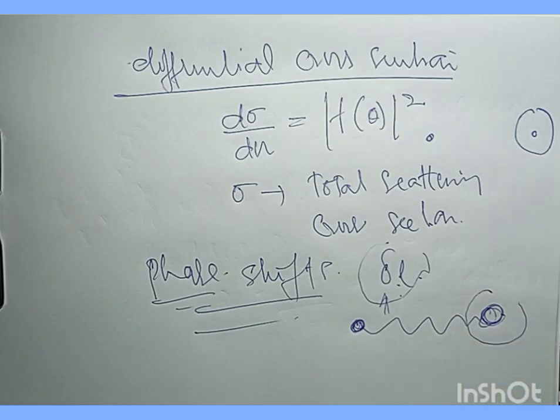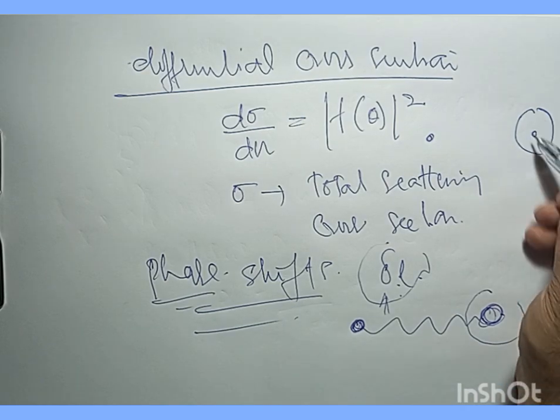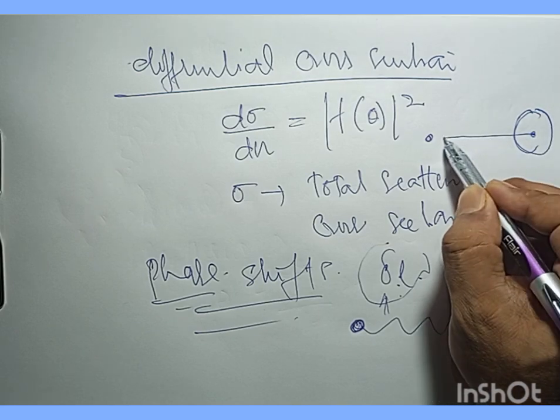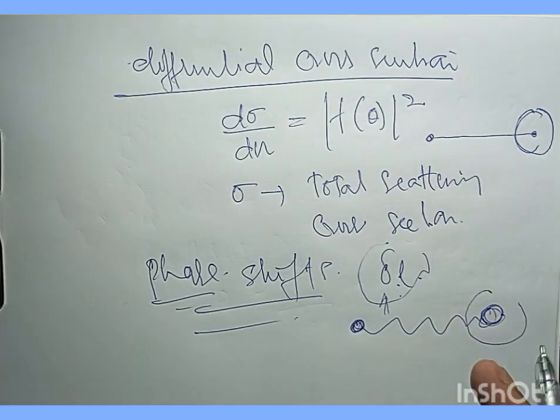You have the asymptotic solution only when the distance from the center of the potential to the point where your wave is, is large, because at large distances the magnitude of the potential is negligible.